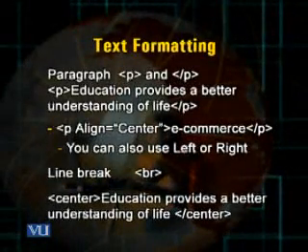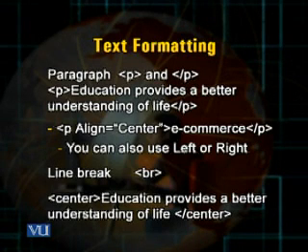Let's examine a few tags which relate to the formatting of the text. So we start with the paragraph tag. The paragraph tag is represented by the character P. This is the keyword. It has a closing tag, but its use is optional. You may put a closing paragraph tag or you may omit it. It does not make any difference.